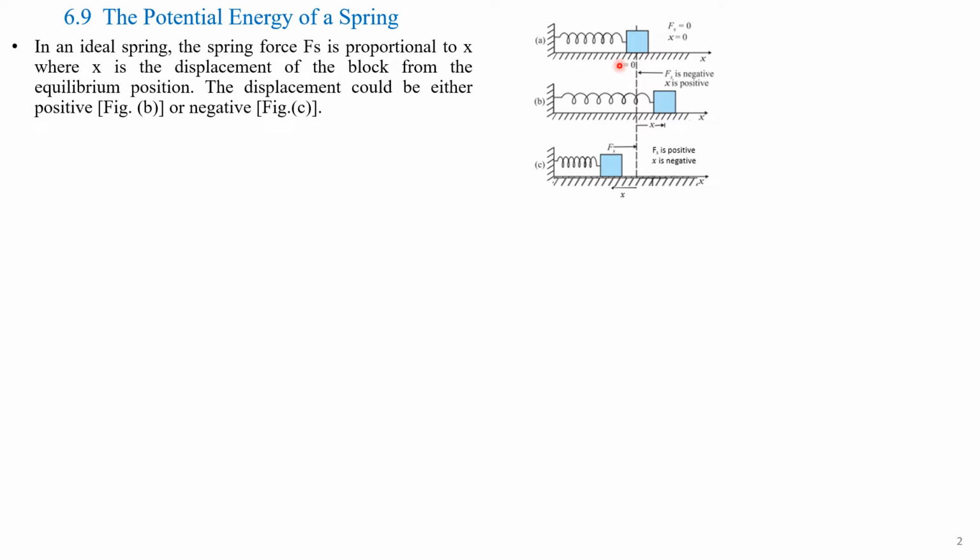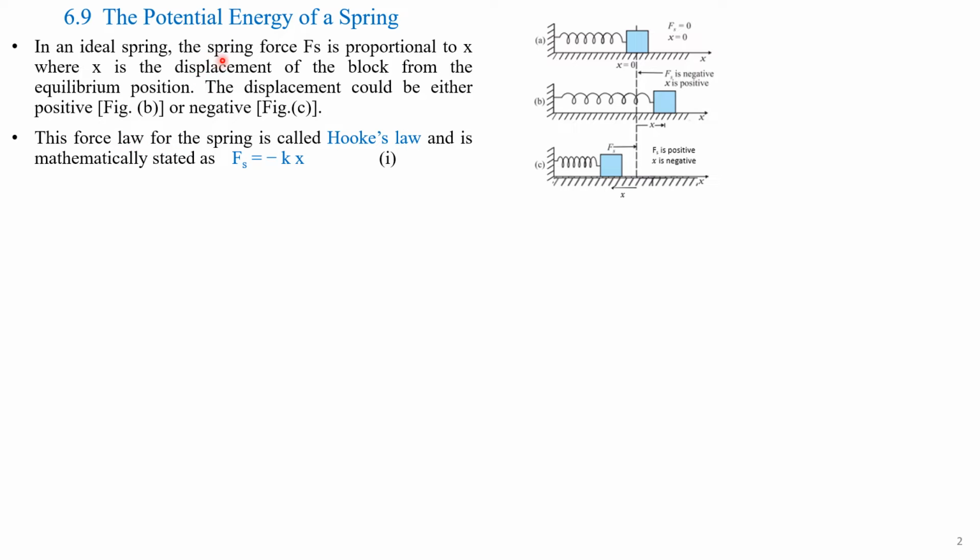The displacement could either be positive, as shown in figure B, or negative, as shown in figure C. So x is positive when the spring is stretched and x is negative when the spring is compressed.